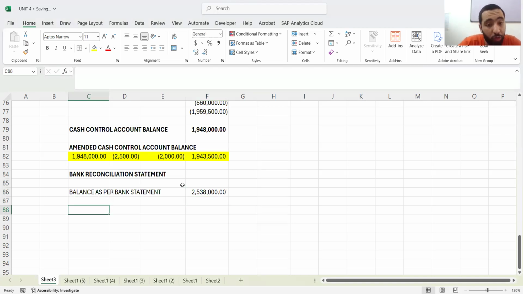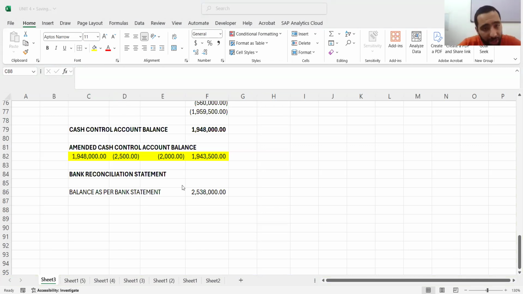And then these two are the checks. These two are the unpresented checks. How to identify whether this is an unpresented check? You have given this check, 560,000 worth, to a creditor, but that creditor has not deposited it in the bank. That is why it is not available in the bank.